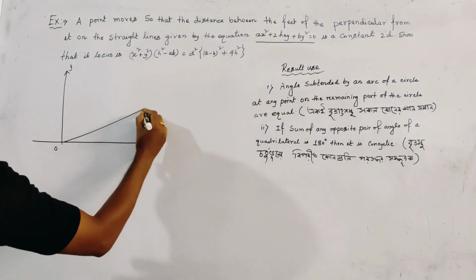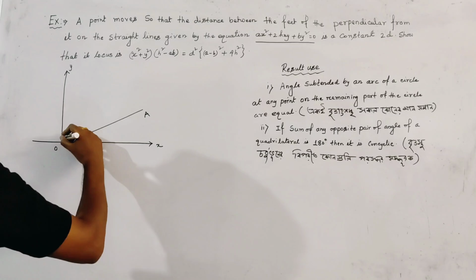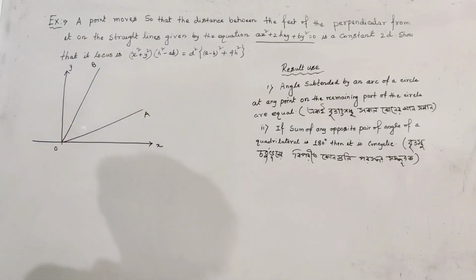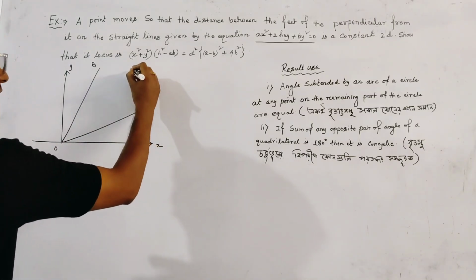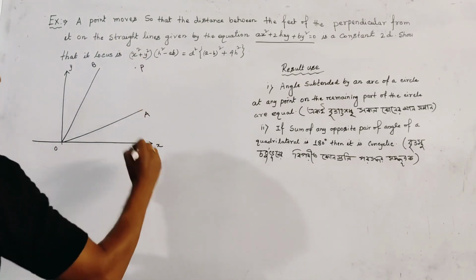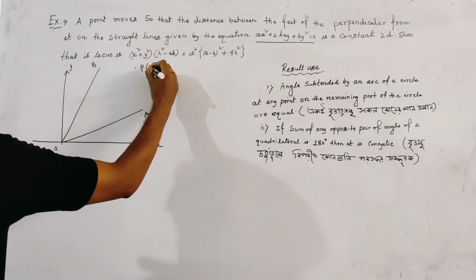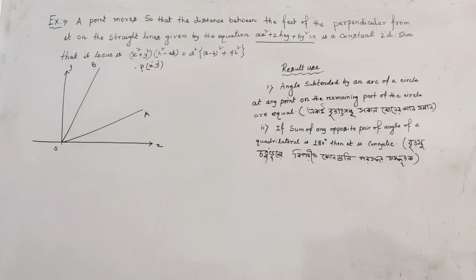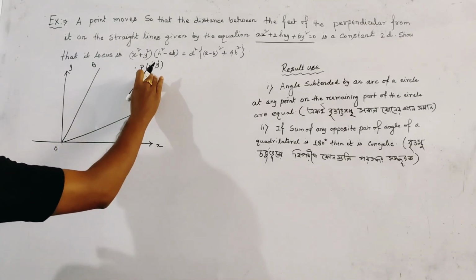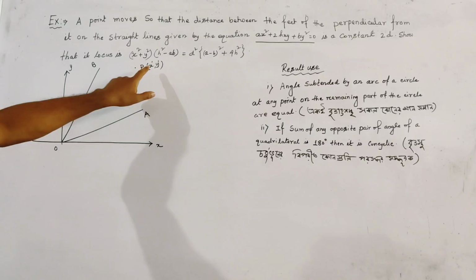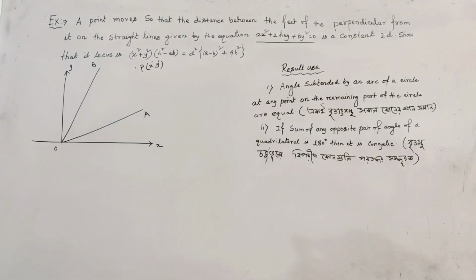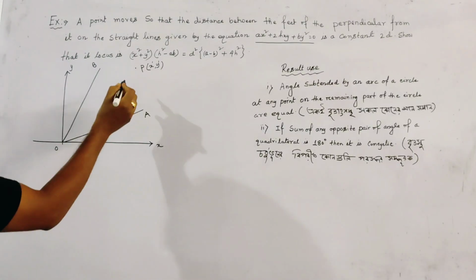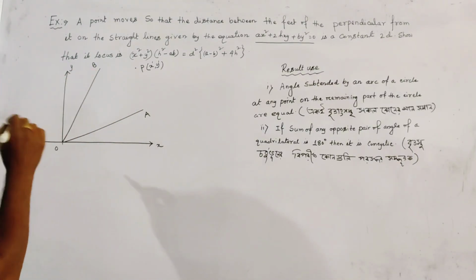Let this be OA and this be OB, and let any point P have coordinates x dash, y dash. We have to find the locus of the variable point P, that is the locus of the point x dash, y dash.